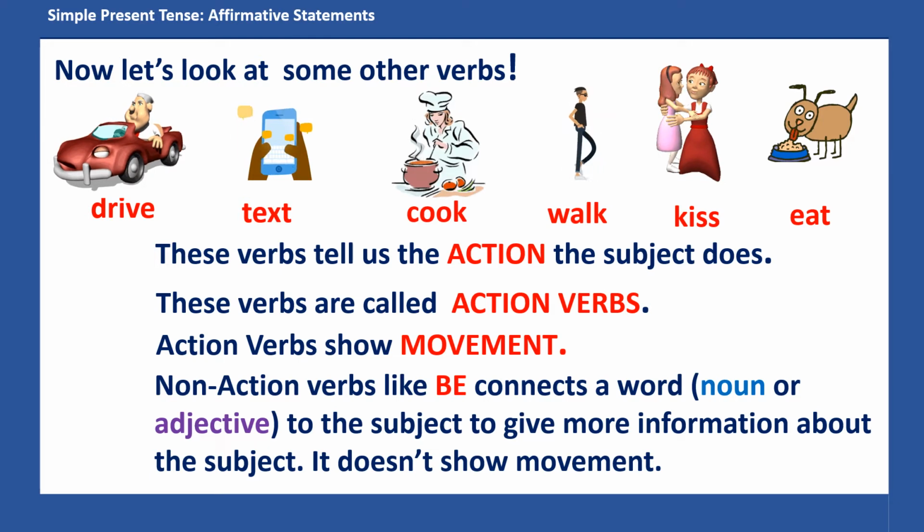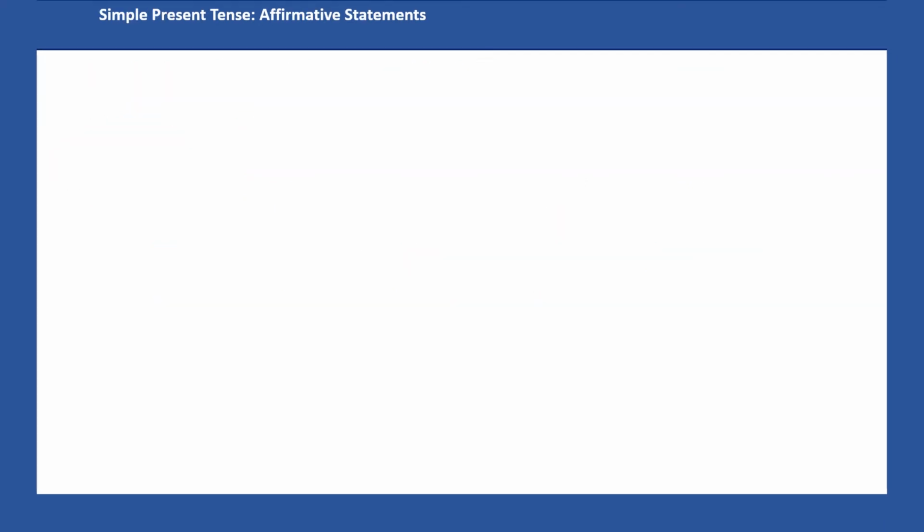Happy, there's no movement. Teacher, there is no movement. But when you say Tina is a teacher, no movement with is. But Tina teaches every day. There is movement. There is an action. So teaches is an action verb.